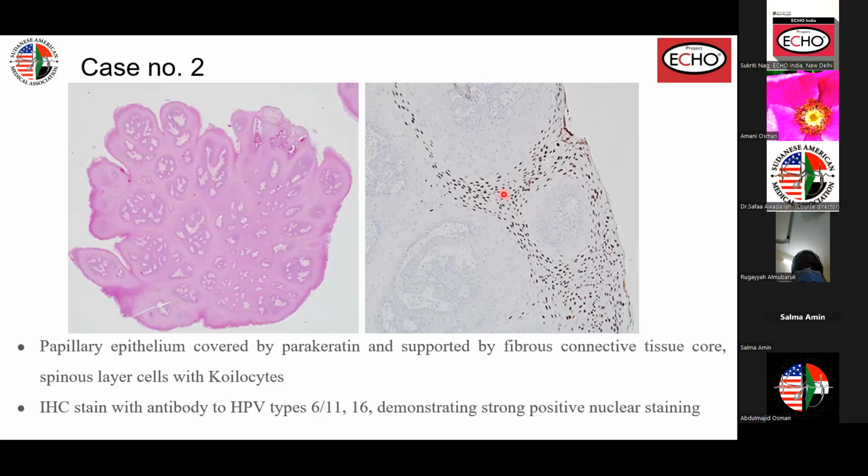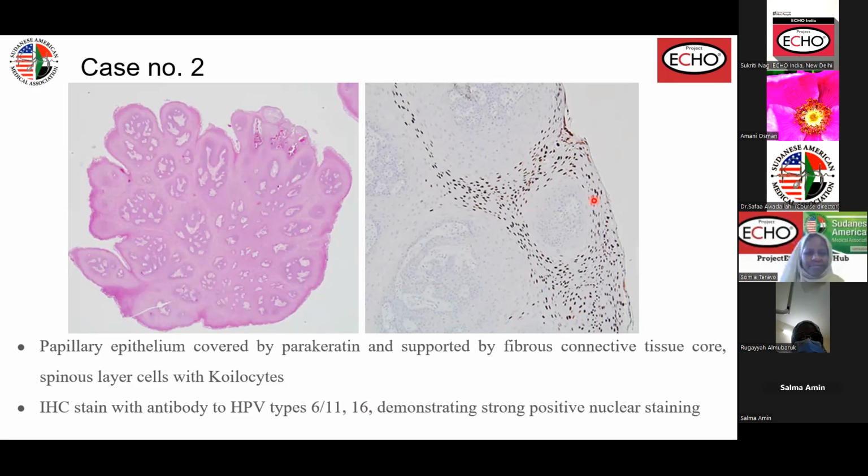These nuclei are found in the surface area or the spinous cell layer of this lesion. So they cut this small part here and enlarged the photo so you can see these nuclei. They are darkly stained.